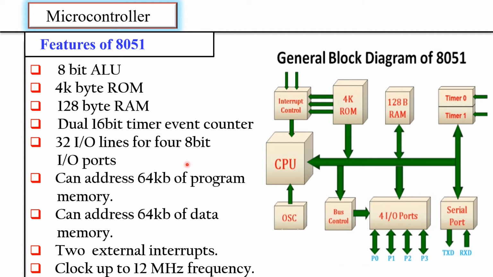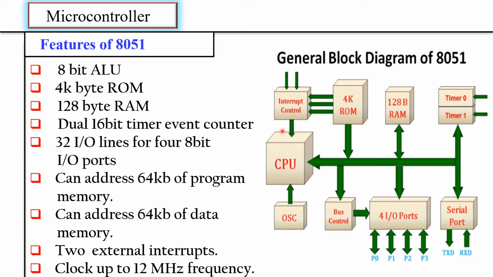So let us have a look at the features of 8051. There is no need to draw the block diagram of 8051. Only the features of 8051 come in the exam. For better understanding, I have shown the block diagram of 8051.